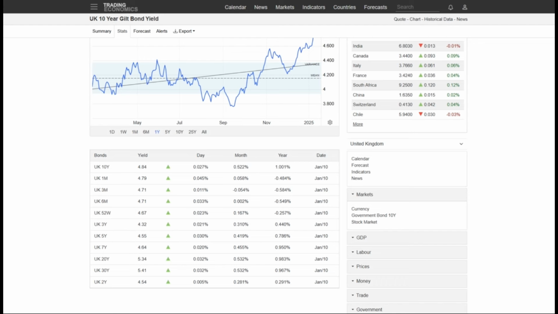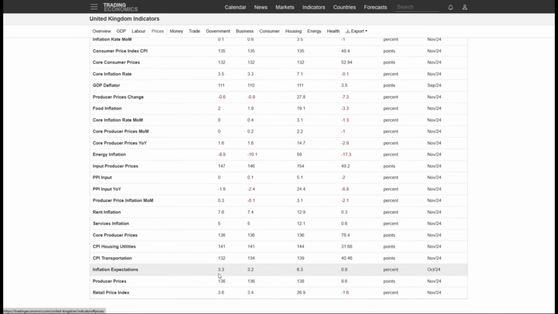If somebody more nerdy goes and checks the premium that the government pays on gilts that are indexed and linked to inflation, which is the other big problem that the Exchequer has in terms of finances, we see that inflation expectation for the next 10 years for the market is around 3.6 or 3.7%, which is actually very much in line with this actual data.